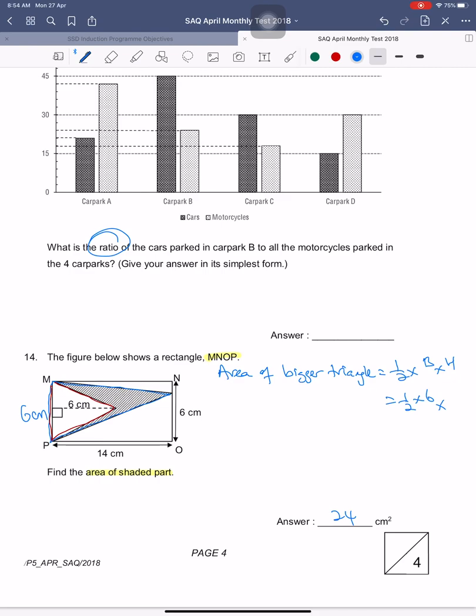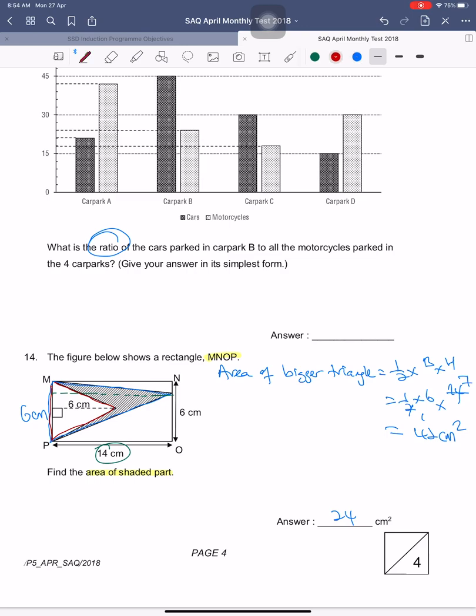Let me draw the height, from here all the way to here, which is 14. So divide by 2, divide by 2. 6 times 7, 42 square cm. So that is the area of the big triangle.